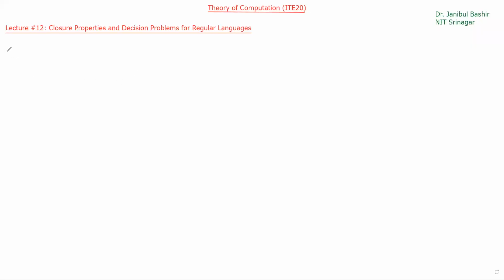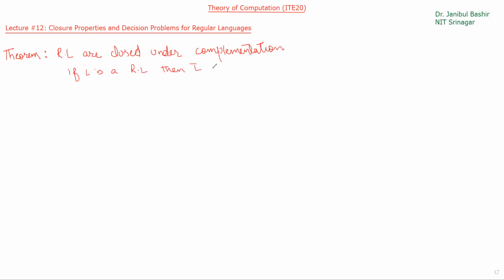So let's write the first one. The theorem is: regular languages are closed under complementation. Or we can say it means that if L is a regular language, then L complement is also a regular language. Okay.